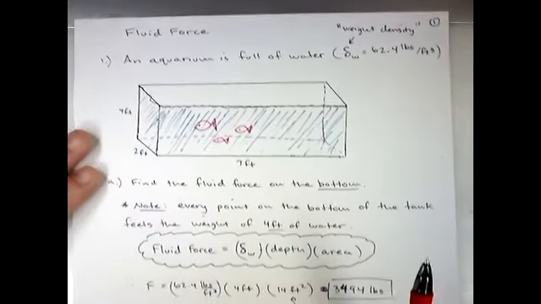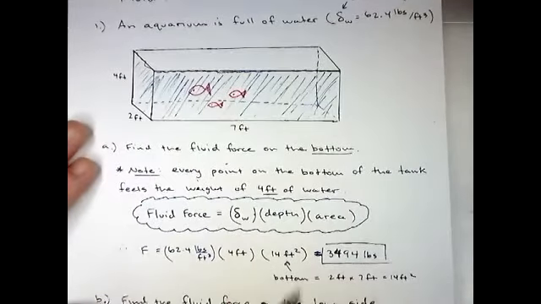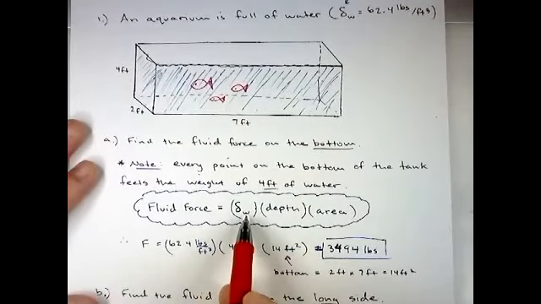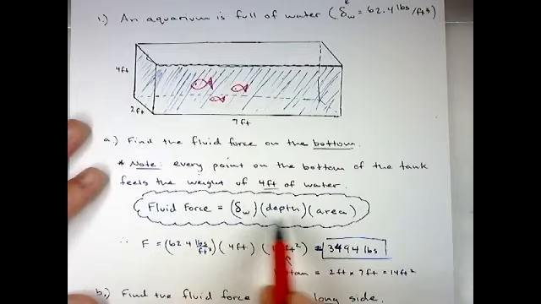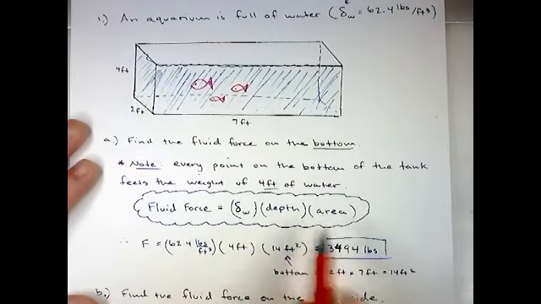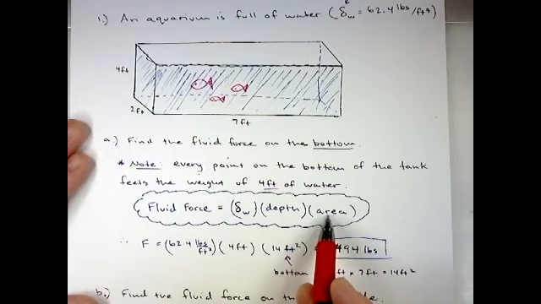And so fluid force is defined to be the density of water, or the density of whatever fluid you're talking about, this weight density is what that W means, times the depth, and then times the area that it's acting on.